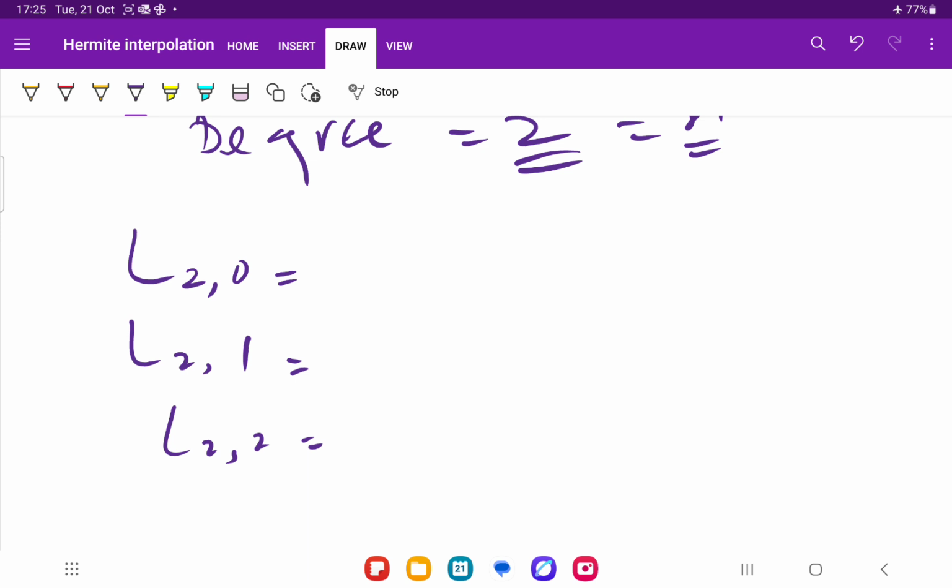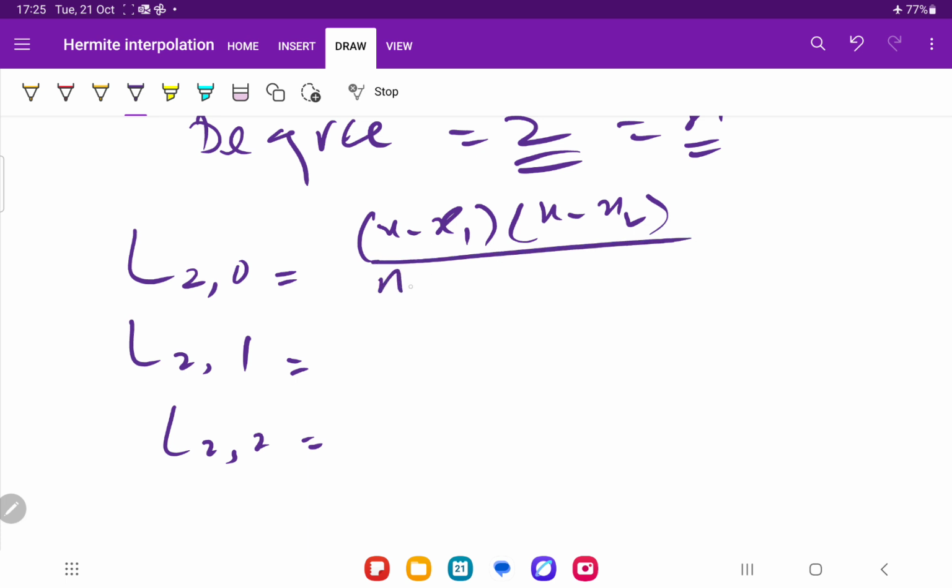Okay, because the formula is the same. Whatever we have, x minus x1, x minus x2 over x0 minus x1 and x0 minus x2. Same formula. But the additional thing that will be used in the Hermite interpolation is these subscripts.